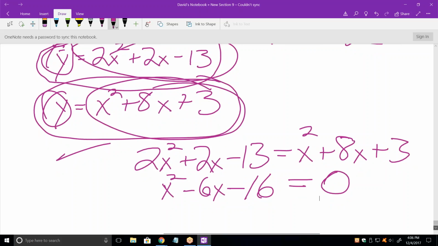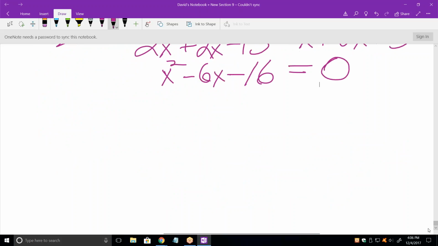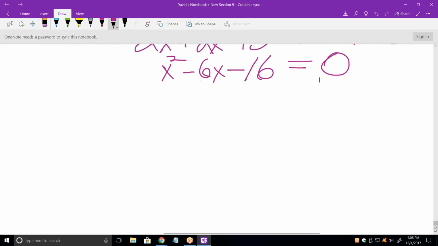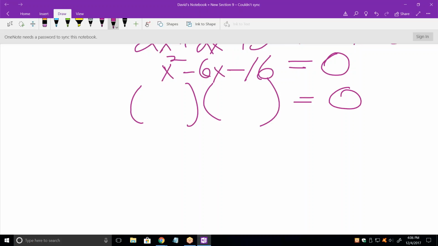Now let's factor that. And it's always worth trying it. Sometimes if that was a 15 instead of a 16, this wouldn't factor. But with it being 16, it does factor. So 2 x's. Good. Second step, a plus and a minus. Third step. Verbalize the third step for me.